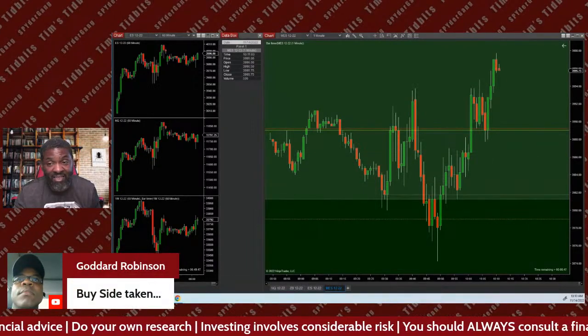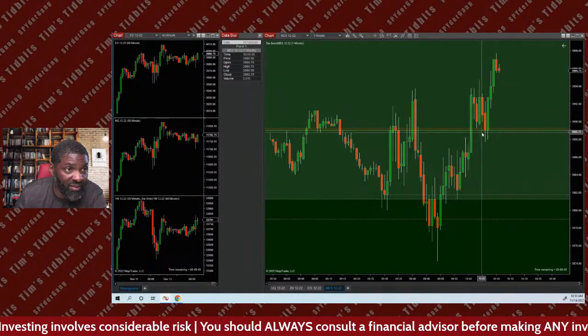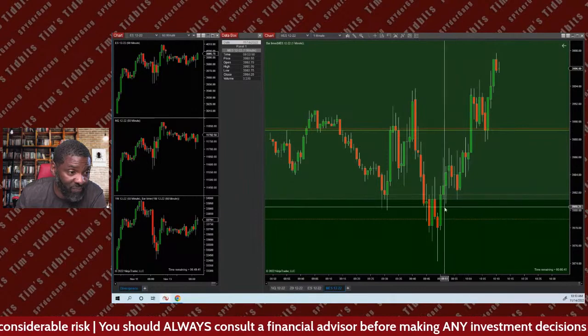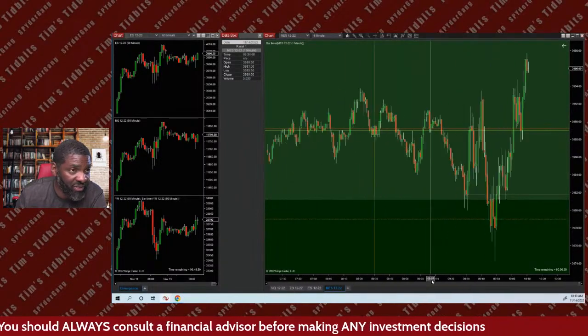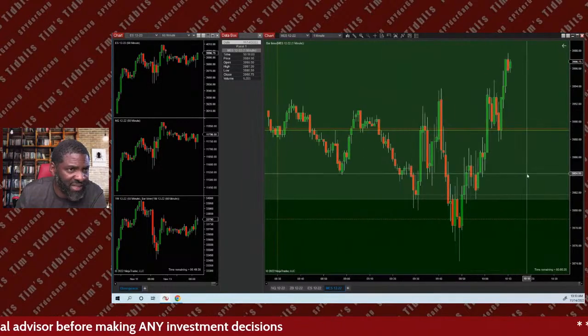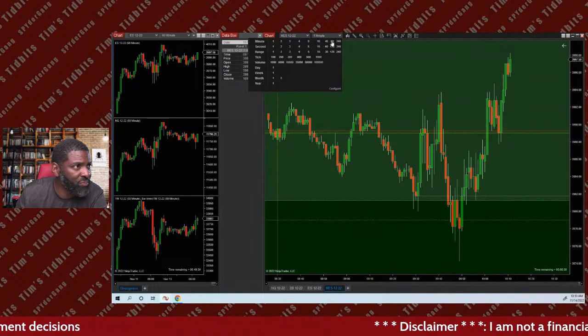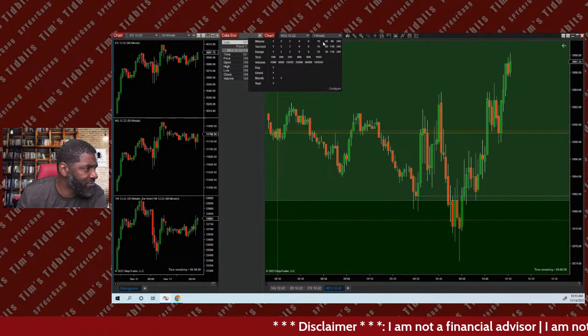Yes, buy side is taken, and we're respecting the skinny mini, we're respecting PDAs. Looks like we went into a buy model on the skinny mini. I was hoping we'd get down to that volume imbalance. And we're pushing now, we went into a buy model.